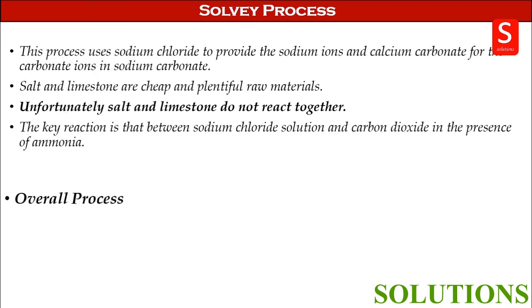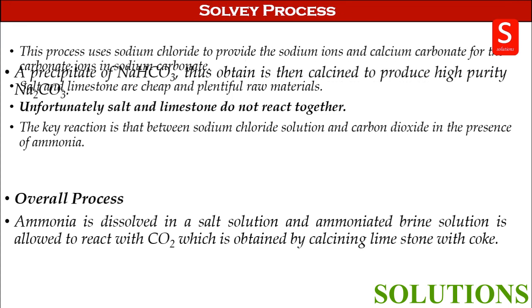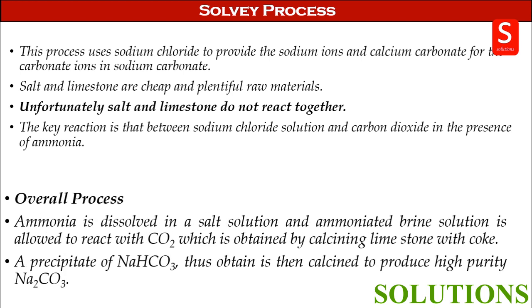Overall process. Ammonia is dissolved in a salt solution and the ammoniated brine solution is allowed to react with CO2, which is obtained by calcining limestone with coke. The precipitate of NaHCO3 thus obtained is then calcined to produce high purity Na2CO3.